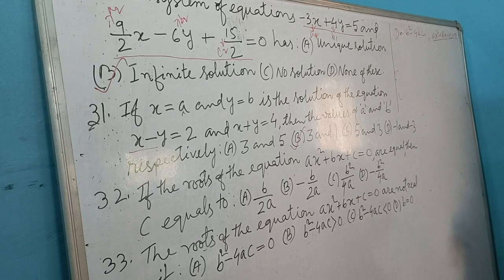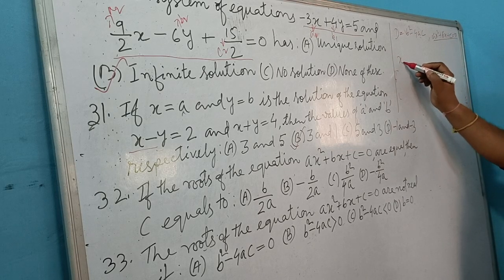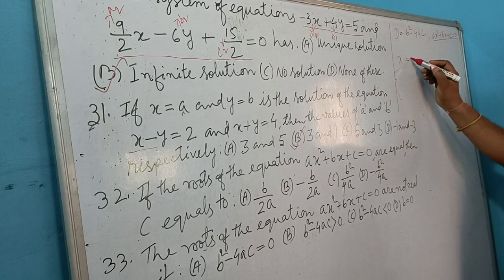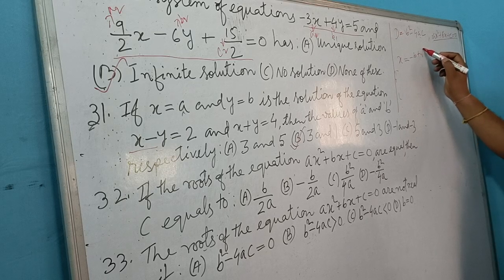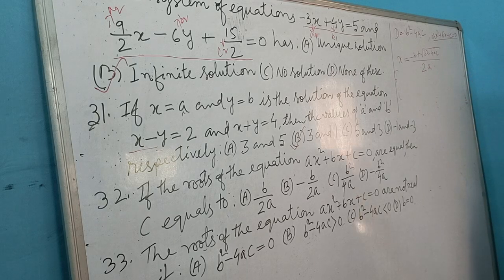To find the values of x, that is the roots of this equation, there is a formula. I am writing that formula. x is equal to minus b plus minus under root of b square minus 4ac, divided by 2a.